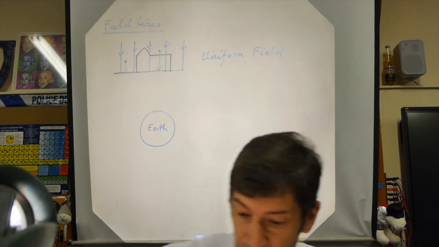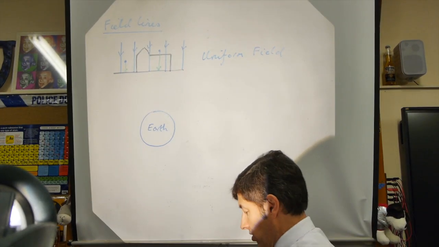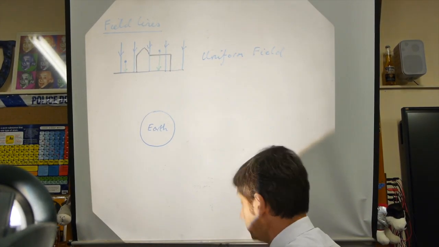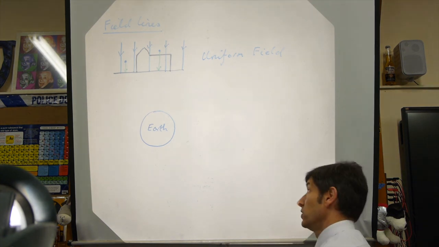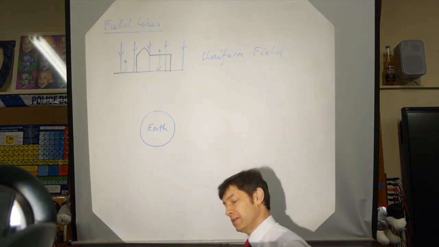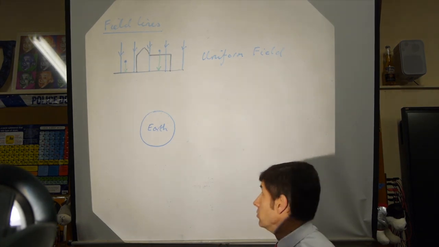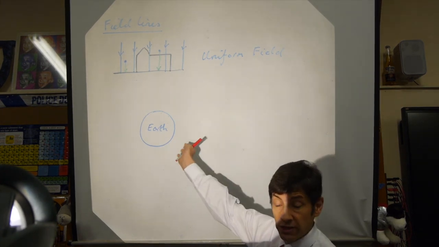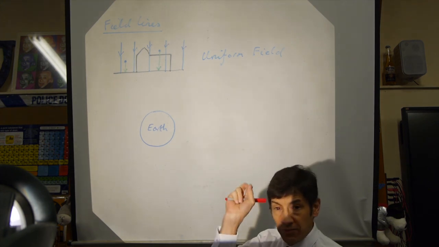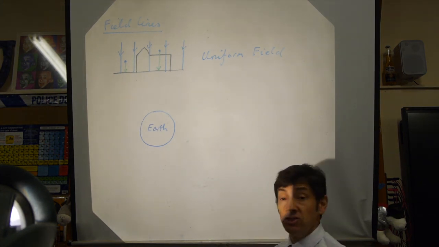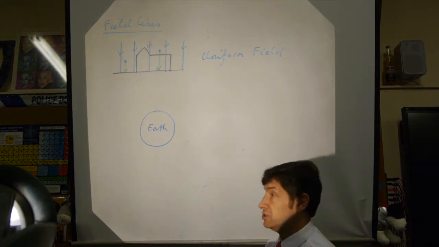And at A level, they might say to you, draw on 6 field lines, or draw on 8 field lines. If they ask you to draw a number of field lines on an object, there are some things you've got to get right. Firstly, draw the number of field lines they told you to draw.